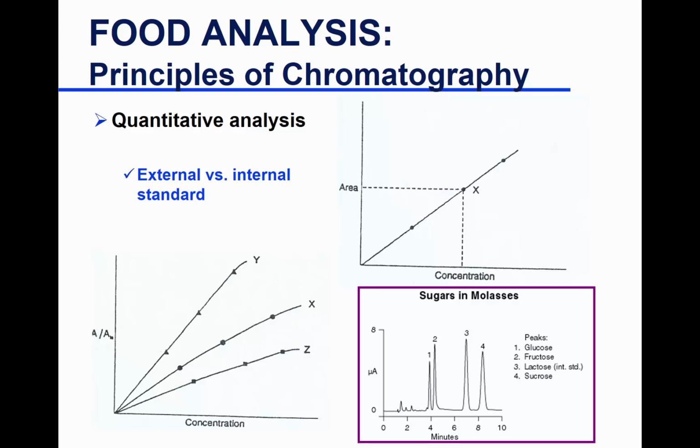Then you plot the area over the concentration, and you get the equation of the line and you use it to predict concentration in an unknown sample. You run the unknown sample through, you get the area, and then you plug it in your equation and you get X, the concentration.